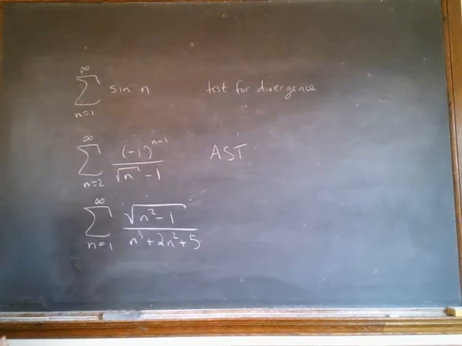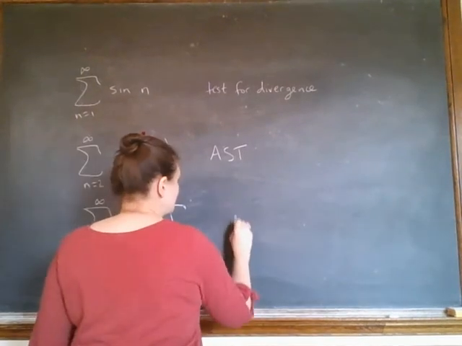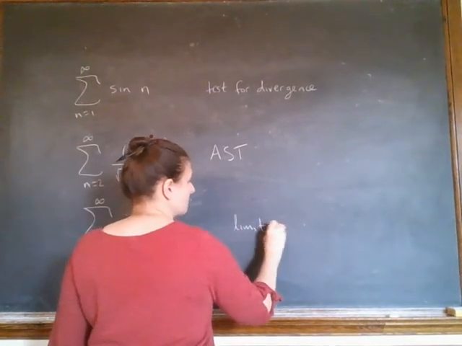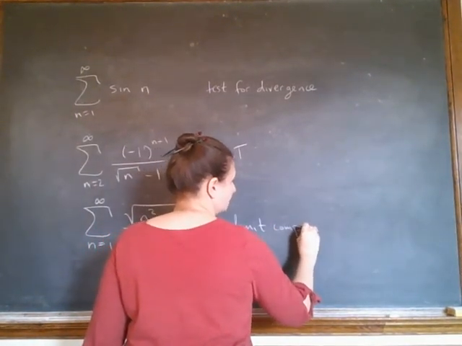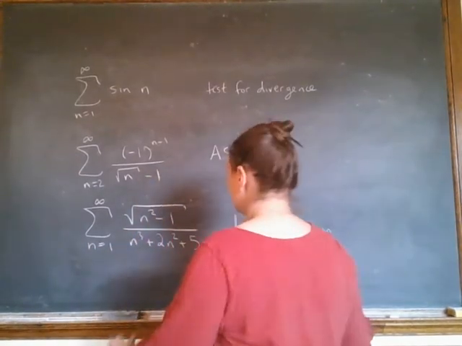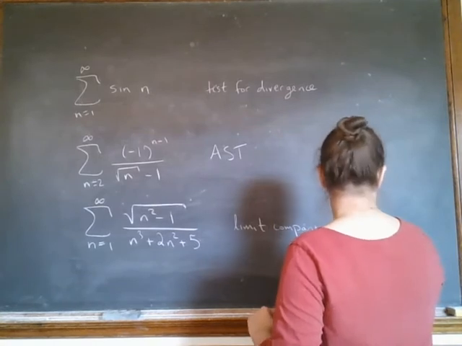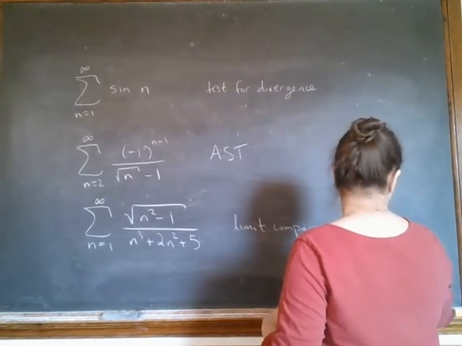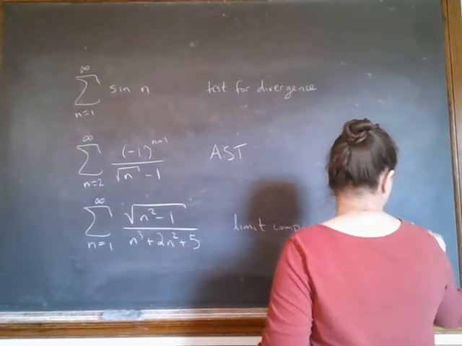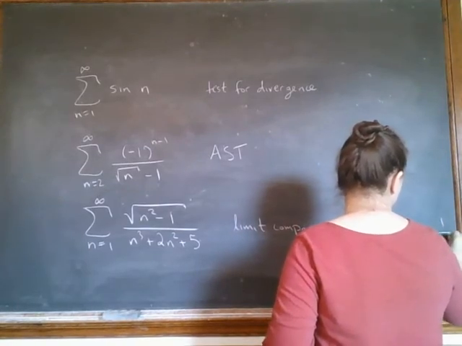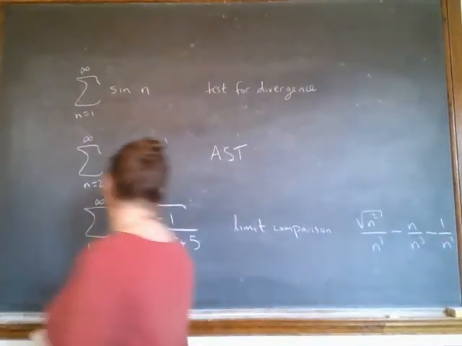It's an algebraic function, but again, this is more or less going to be great for limit comparison. And what would I limit compare it to? The square root of n squared over n cubed. So n over n cubed, or 1 over n squared, is what I would compare that guy to.